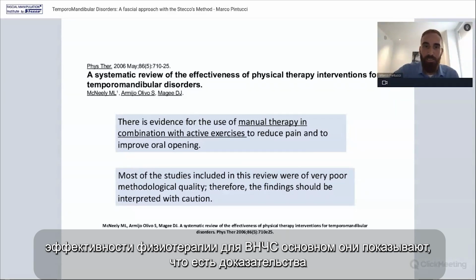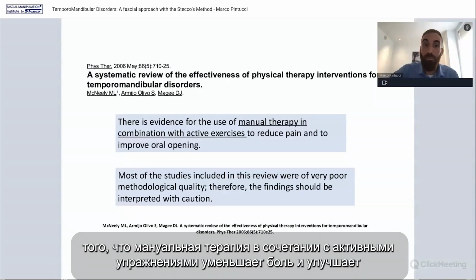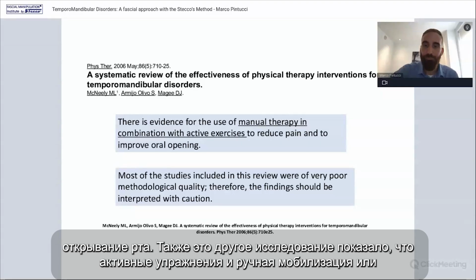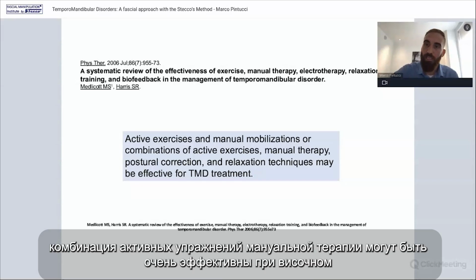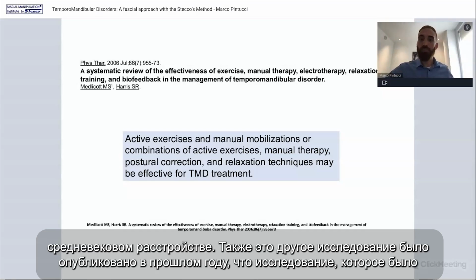They show that there is evidence for manual therapy in combination with active exercise to reduce pain and improve oral opening. Also, this other one showed that active exercise and manual mobilization, or a combination of active exercise and manual therapy, can be very effective for temporomandibular disorder.